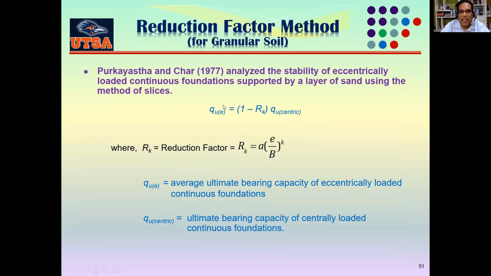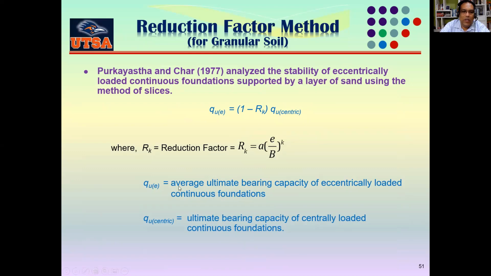Then you get your Q_u for eccentricity, okay? But to find out your reduction factor, R_k is equal to a(e/B)^k. Okay, e by B, e is the eccentricity, B is the width, a and k are the two factors.